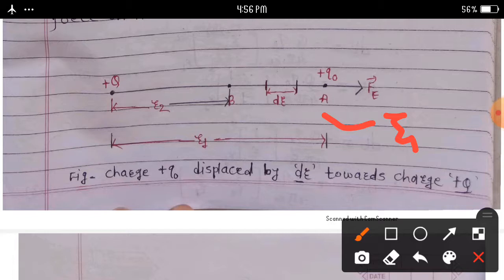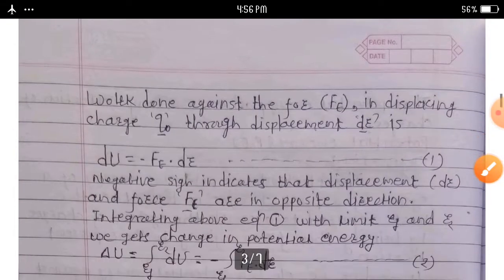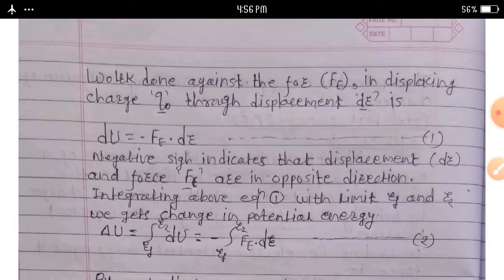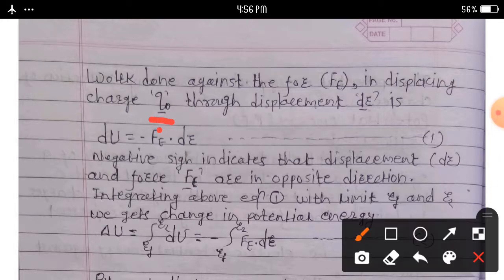Then work done against the force F suffix E in displacing charge small q0 through the displacement dr is dU is equal to minus F_E into dr. Consider equation 1.